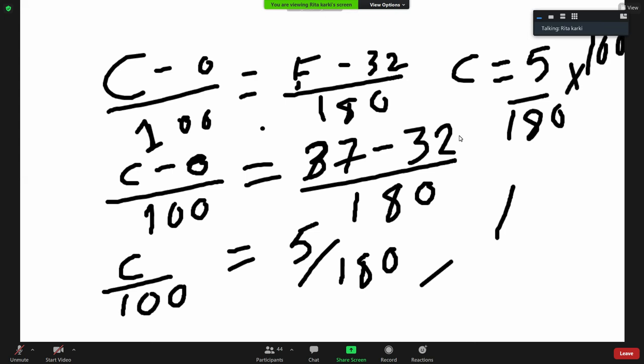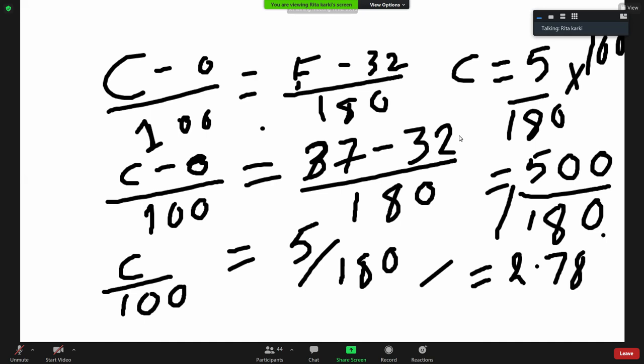This 100 will come to this side. 5 upon 100 here equals 500 upon 100. And the answer is 2.78 degree centigrade.